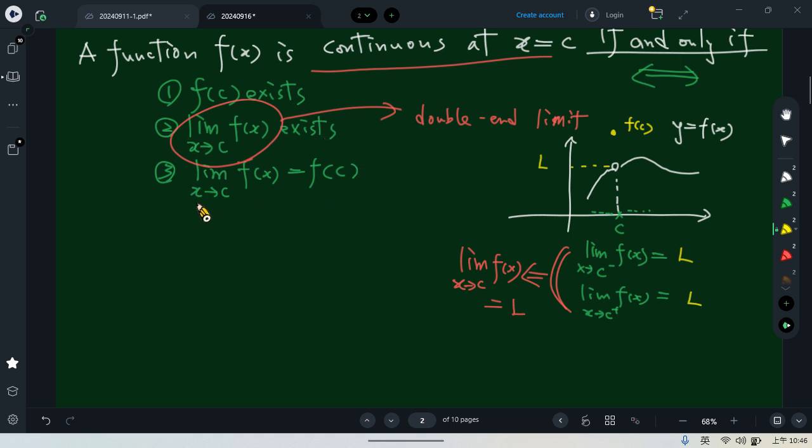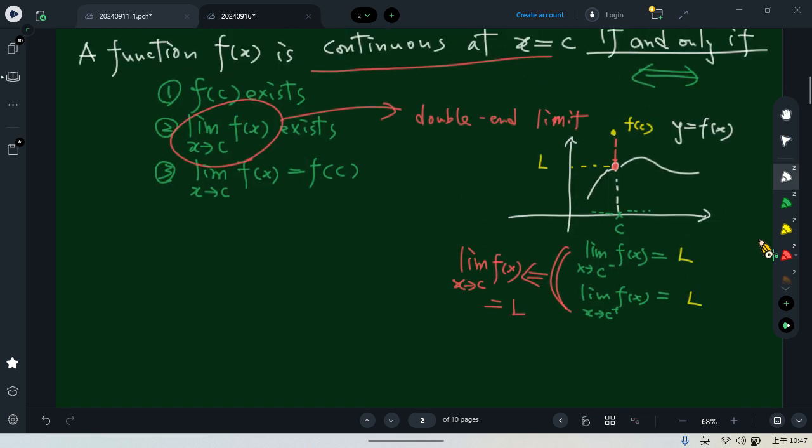But the third property doesn't hold because the function value is different from the limit value. Only when f of C is equal to L will the third rule hold. Then we will say this is continuous.